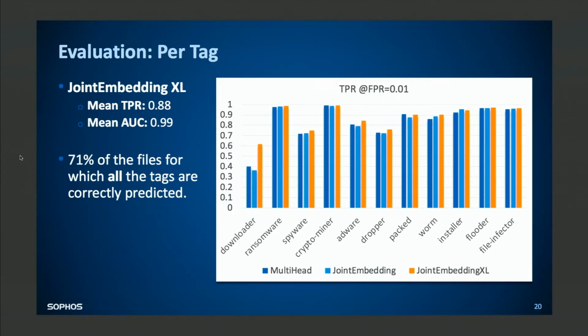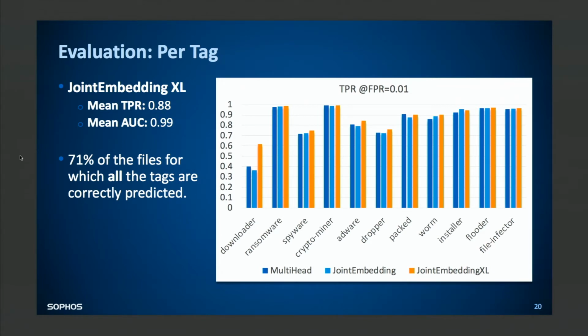This is how the results look in the test set. This is 1 month after training our model. Overall, and I'm not going to get into too many details about the results, our main metric is true positive rate.